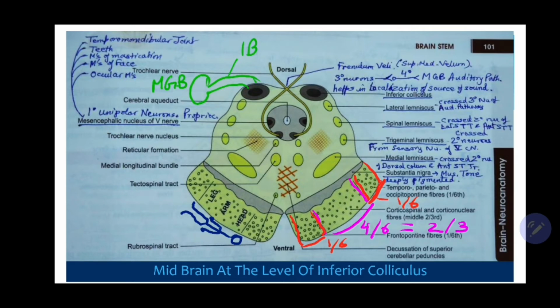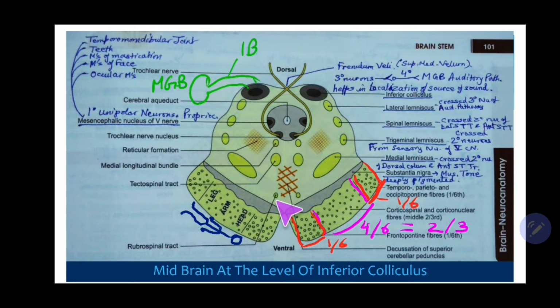So that's why this tract is called the tectospinal tract. This is for visuoprotective reflex. So there you find is the tectospinal tract. These fibers have already decussated in the upper segment. So now they are crossing from the opposite side.